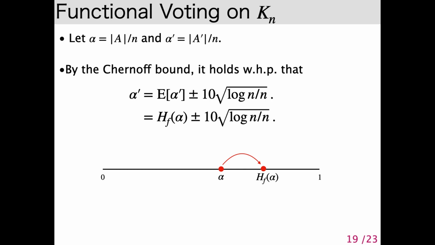Consider a functional voting over a complete graph K_n. Let alpha be the ratio of A and alpha prime be that of A prime. So alpha prime can be written as a sum of independent random variables. So from the Chernoff bound, we can say that alpha prime is equal to f(alpha) plus or minus some small term with high probability.